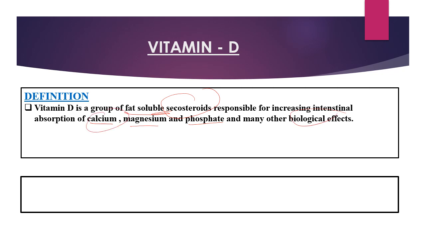So this is responsible for the absorption of calcium, magnesium, phosphate in our intestine. The fat soluble vitamins are A, D, and E.